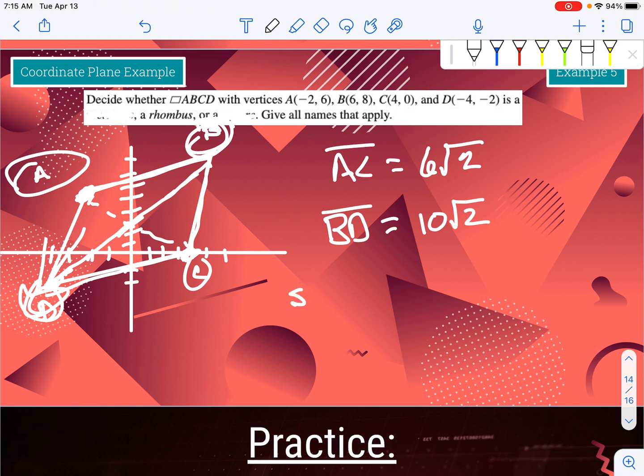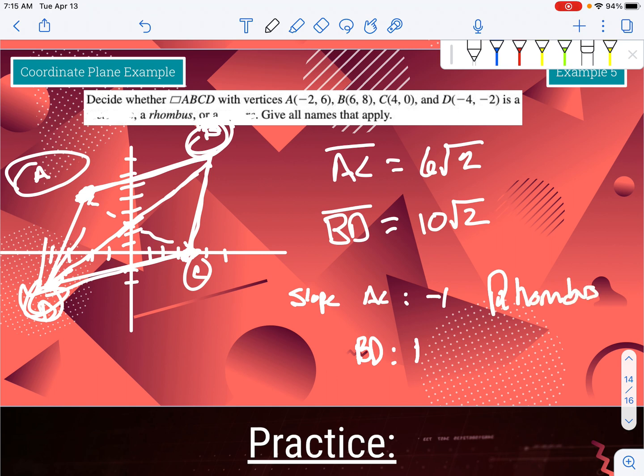If we look at the slope of AC, we would find that the slope is -1. If we look at the slope of BD, we would find that the slope is +1. Well, since we have those opposite slopes, then that means that we do have a rhombus.